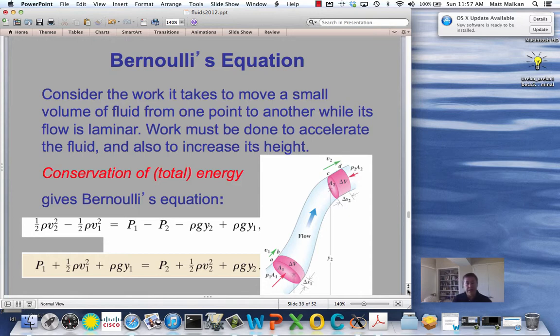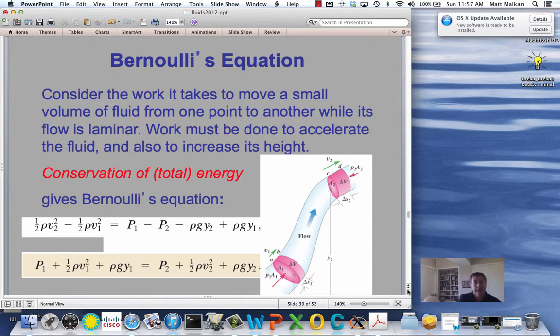Now, there's one other thing that needs to be conserved aside from conservation of total fluid, and this is the important one: Bernoulli's equation. This is kind of the money equation for this lecture. When the fluid speeds up or slows down, some work had to make it go faster or slower. Either it was doing work on something else, or work was being done on it.